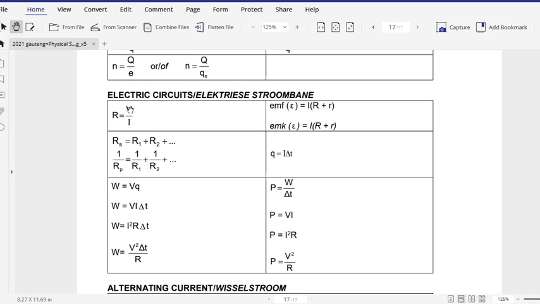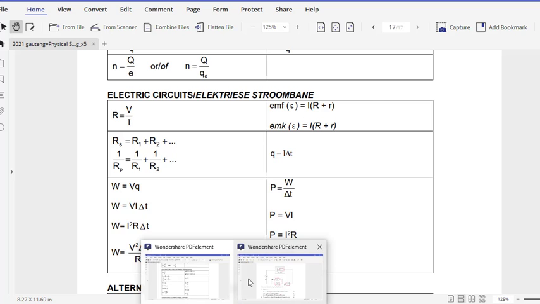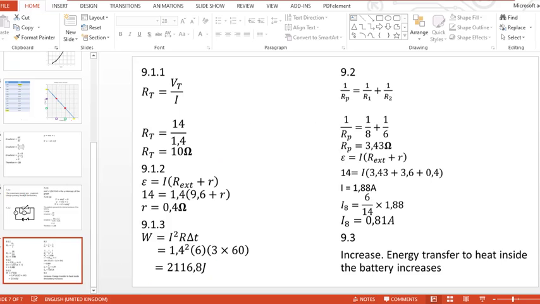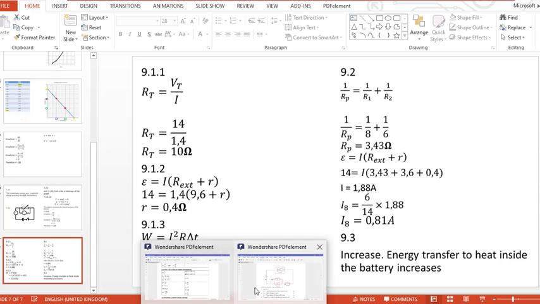Since we know the total voltage, which is the EMF, and the total current, which is the current measured by the ammeter A. So for 9.1.1, the total resistance of the circuit is equal to the total voltage divided by the total current, which is 14 divided by 1.4, and when we evaluate that, we get 10 ohms.